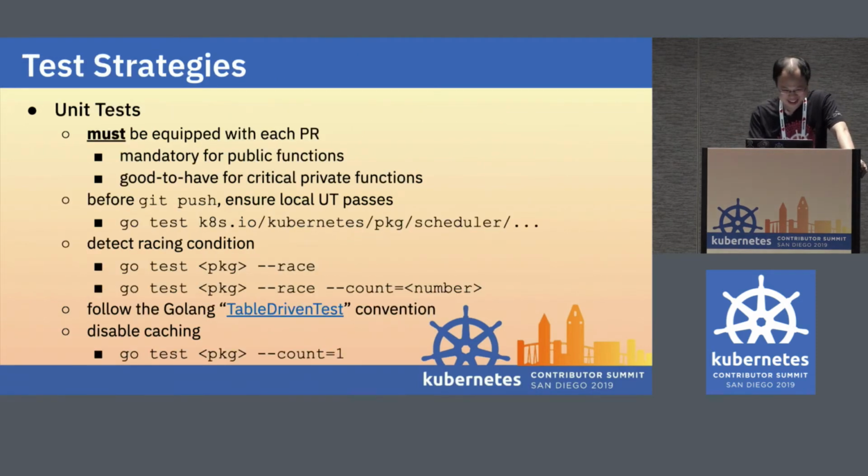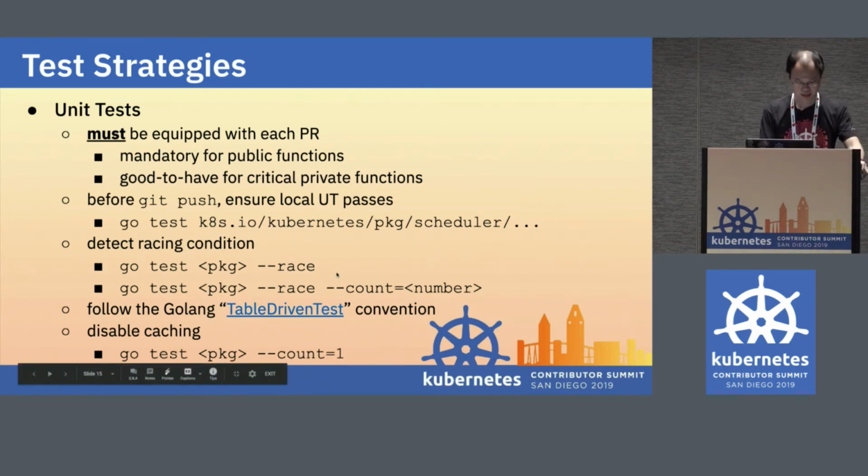All right. Next is about tests. Usually in Kubernetes, we have different kinds of tests. The first one is the unit test. It focuses on very individual units of functions, and usually the test sits in the same package as the source code. Because we are implementing new features, each PR must come with proper tests.